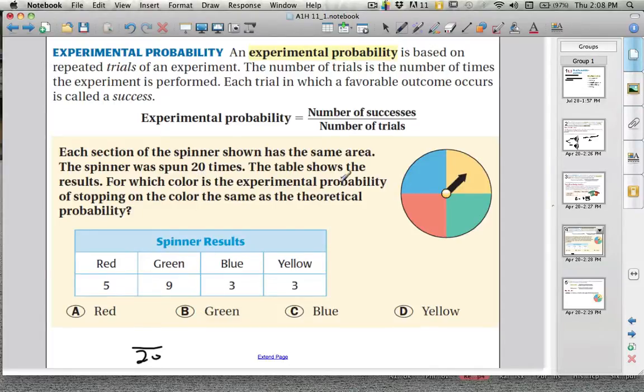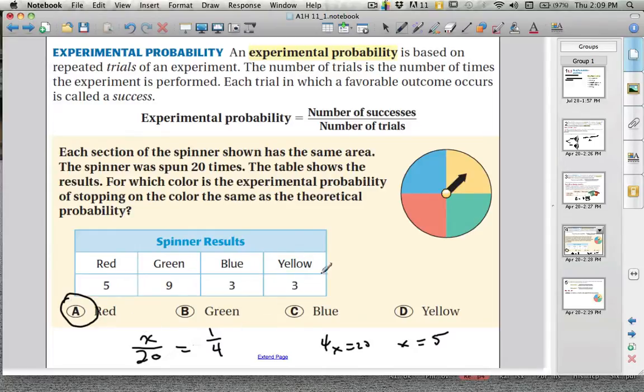For which color is the experimental probability of stopping on the color the same as theoretical probability? Okay, so how many do we need in order to have 1 in 4? Well, you can see if I cross multiply this, if I make this x, I'll get 4x is equal to 20. So the number of successes I would need would be 5. So that would be A, red.